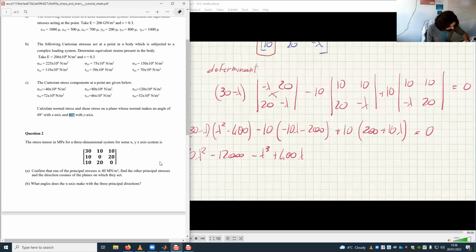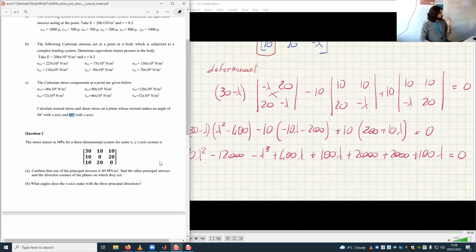And then we have plus 100 lambda, minus 2000, sorry, plus 2000, plus 2000 again, plus 100 lambda equals 0.